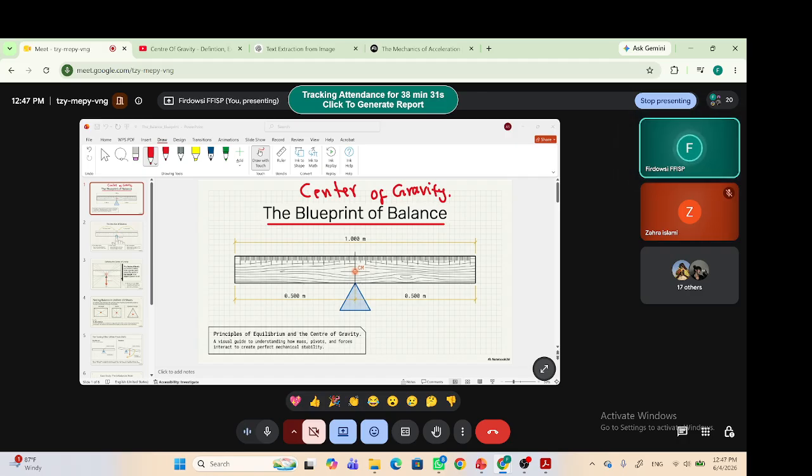And why do we talk about center of gravity today? What is the relationship between center of gravity and the title that we talked about in the previous lesson, which was moment? Can you find any relationship between the moment and center of gravity?